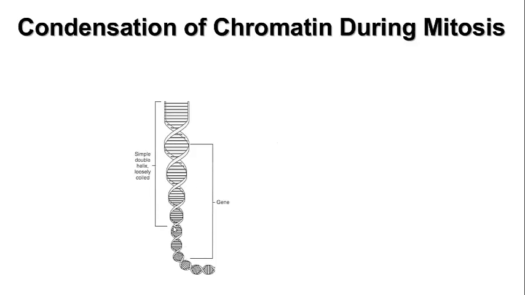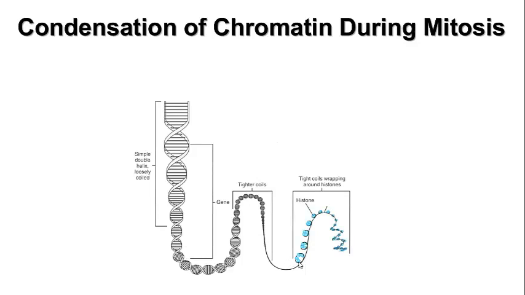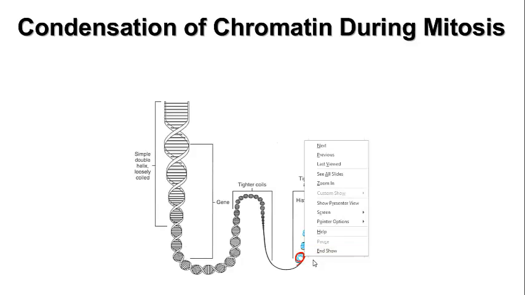From here we have our double helix DNA molecule, winding upon itself in tighter coils. Now we see these tightly coiled strands of DNA wound like spools of thread around these octamers of histones.